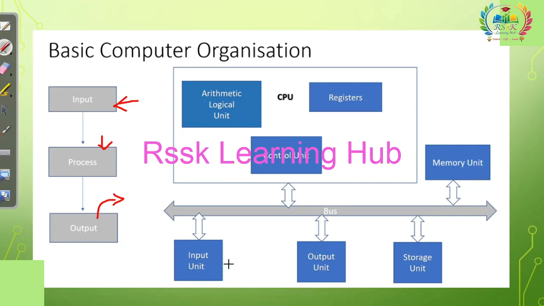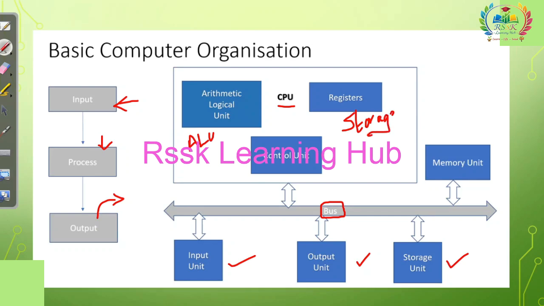So the input device, output device and storage device all get interconnected through the bus. Everything is connected along with the memory unit. This one is your CPU. The CPU contains the ALU, that is arithmetic and logical unit, then registers for storing content, then the control unit.